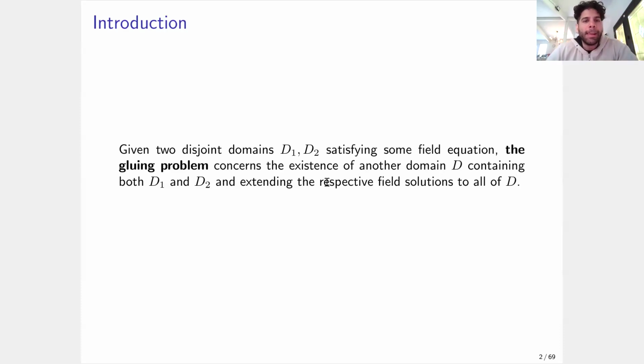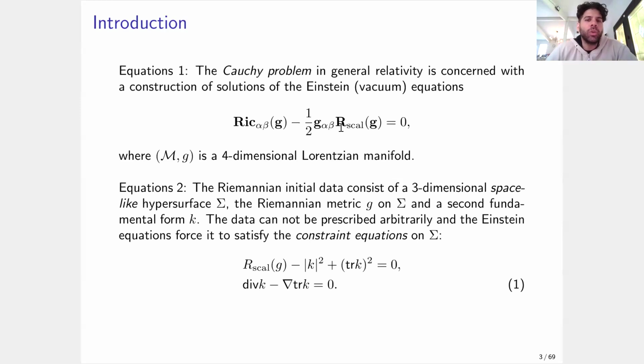And we said you can try to glue space-times, or you can try to glue Riemannian slices of space-times. In the first case, you need to satisfy the Einstein equations themselves. In the second case it is the subset of the Einstein equations known as the constraint equations, which are satisfied for the Riemannian metric and the second fundamental form on Riemannian slices of a Lorentzian manifold satisfying the Einstein equations.